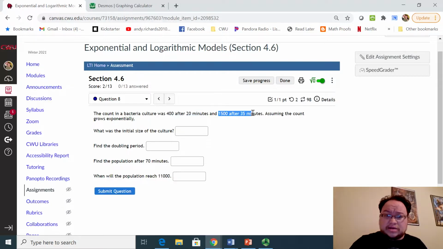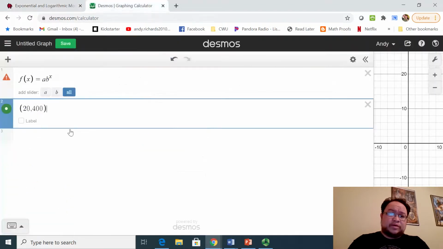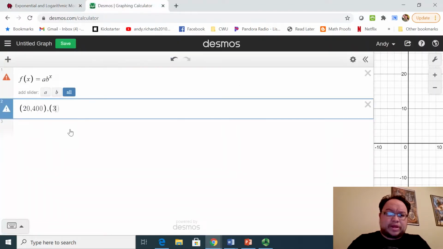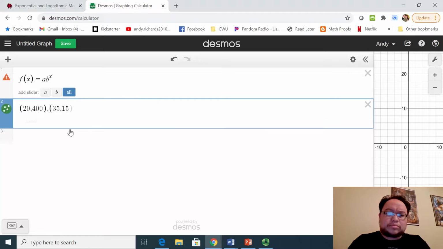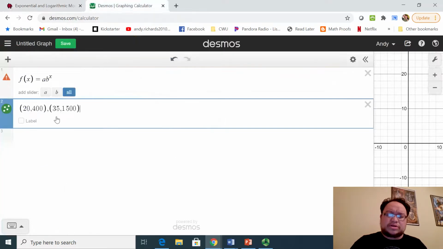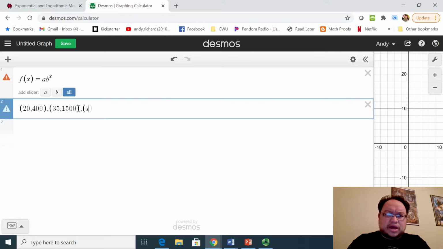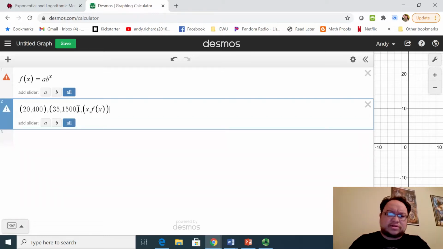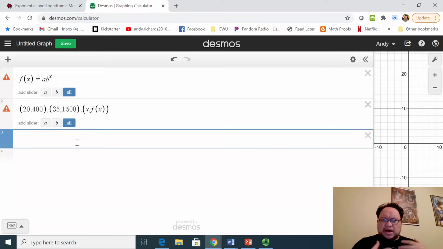If we look at this second piece, at 35 minutes, that means our culture has grown to 1,500. So these are our inputs and outputs, right? You can think of these as x's and f of x's. That's how our functional relationship is working here.